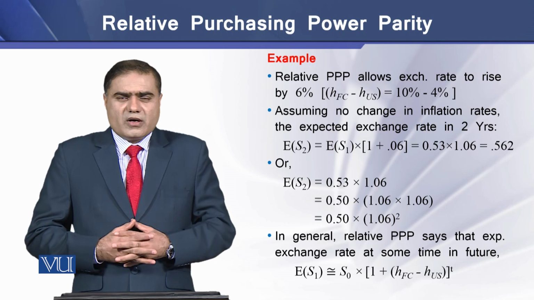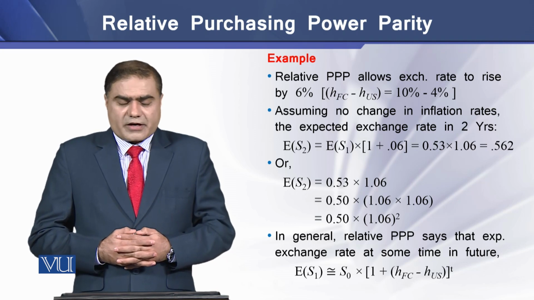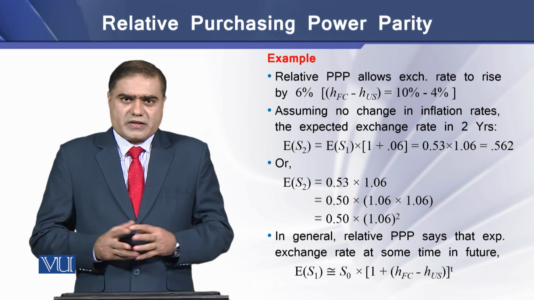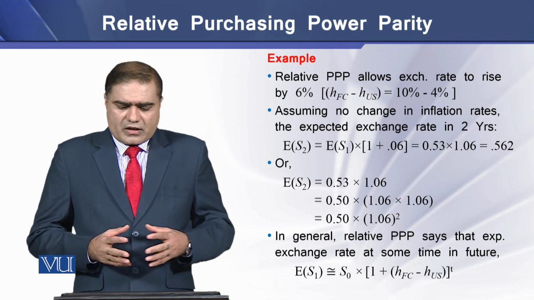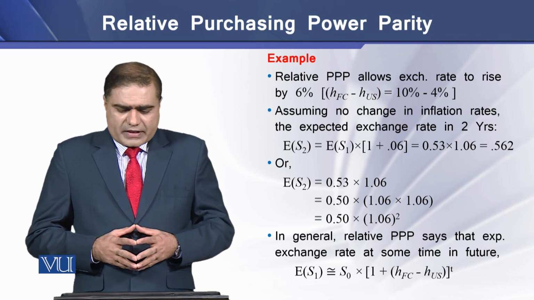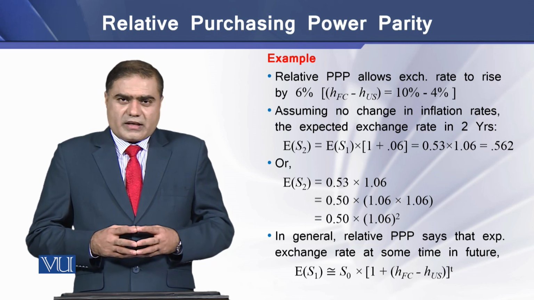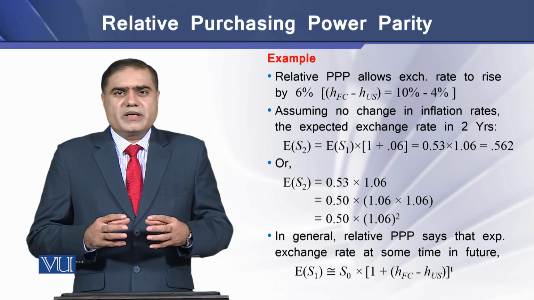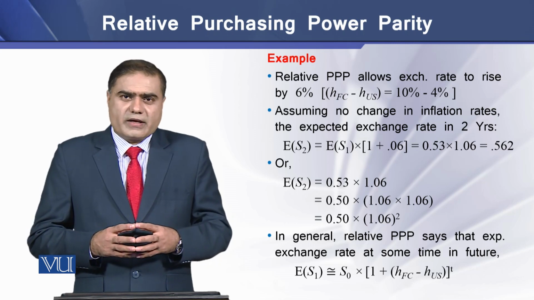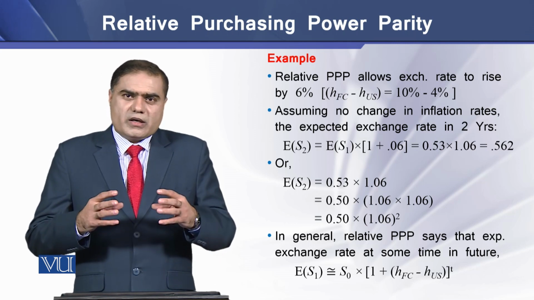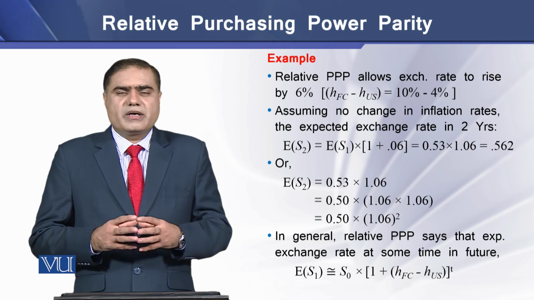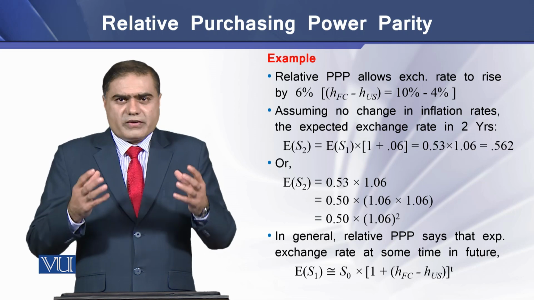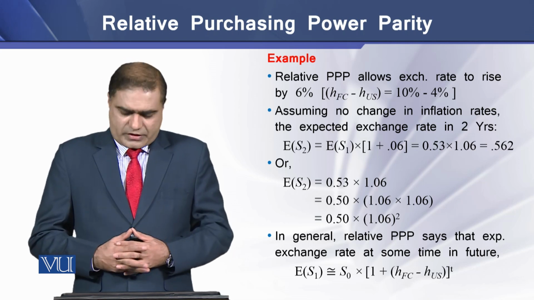In general, relative purchasing power parity says that the expected exchange rate at some time is equal to the spot exchange rate compounded at the difference of inflation between the two countries.